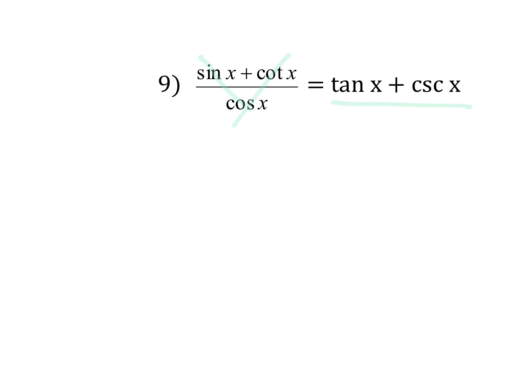So I'm going to rewrite this as sine x over cosine x plus, I'm going to rewrite that cotangent, that's what Claire was suggesting, over that common denominator of cosine. So I get cosine x over sine x all over cosine x over 1.